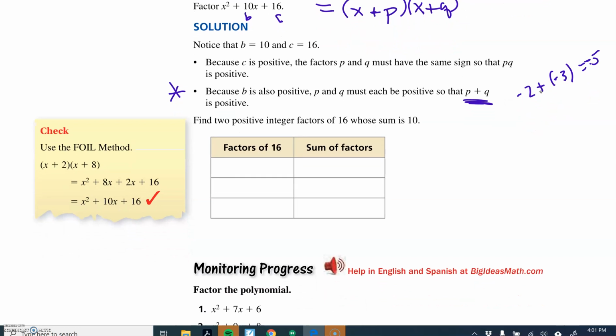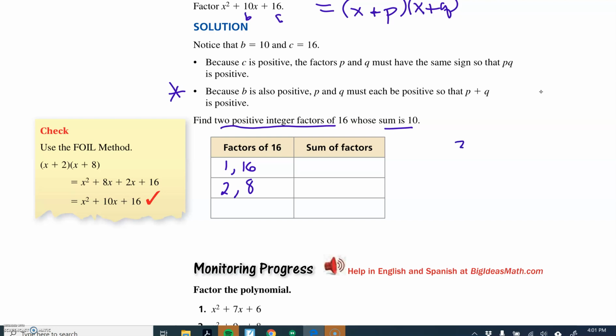So we're going to create a little table and find two positive integer factors of 16 that add up to 10. I need a sum of 10, so we're just going to go through the list. The possibilities: 1 and 16, 2 and 8.